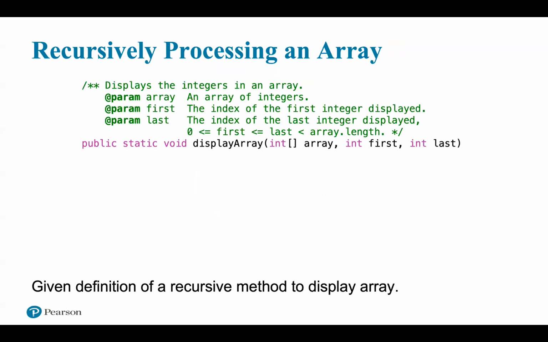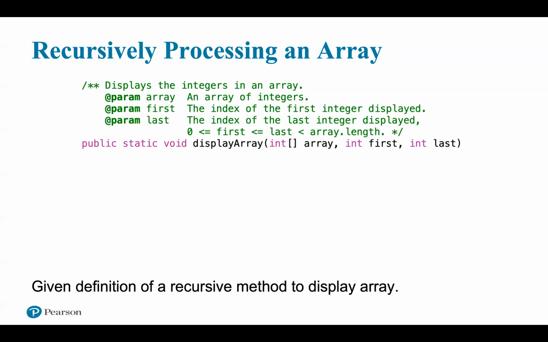So what about recursively processing an array? Later in this course, we'll talk about searching an array for a particular item. We'll also look at algorithms that sort or arrange the items in an array into either ascending or descending order. Some of the more powerful searching and sorting algorithms often are stated recursively.